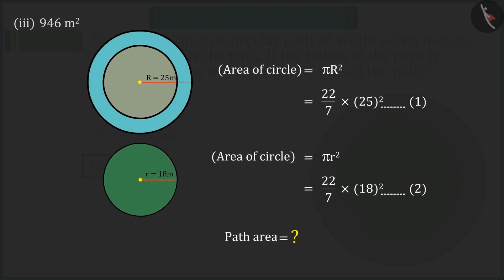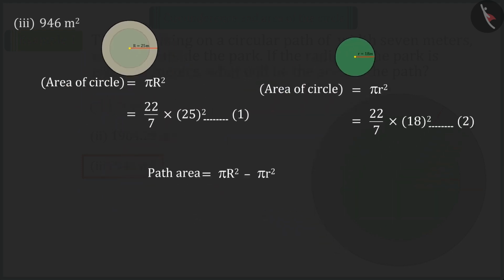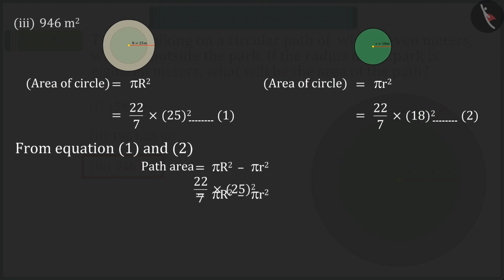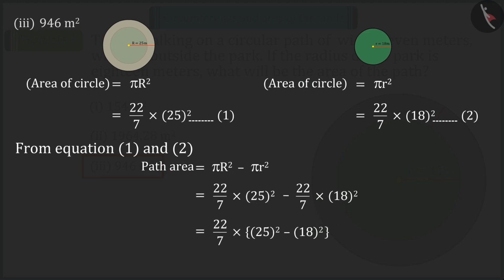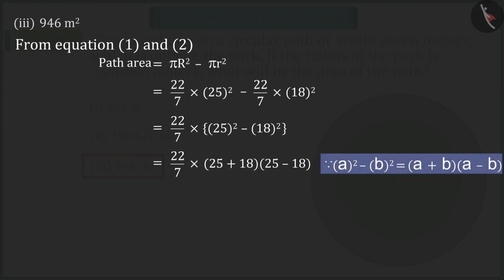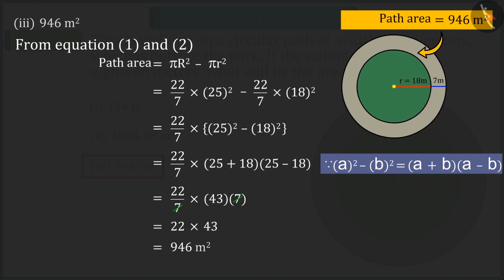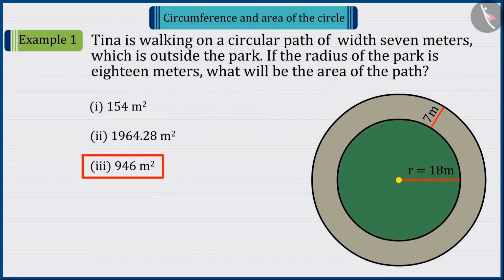Since we have to find the area of the path, subtract from equation 1 the equation 2. Which, when solved, gives the area of the path as 946 square meters. So, option 3 is the correct answer.